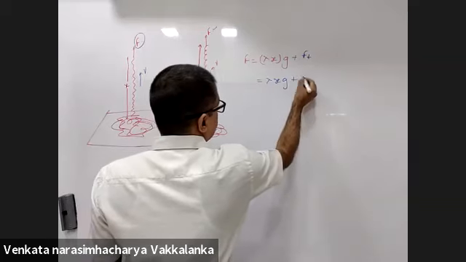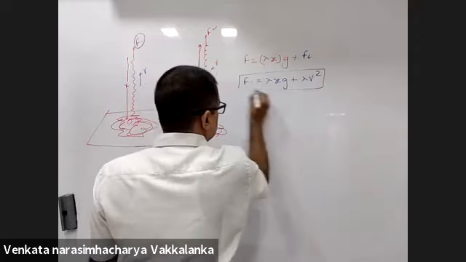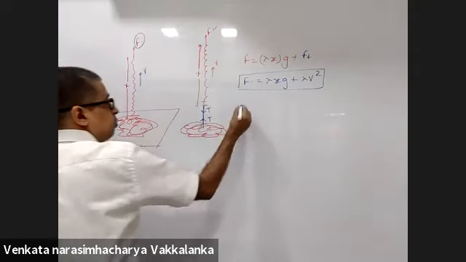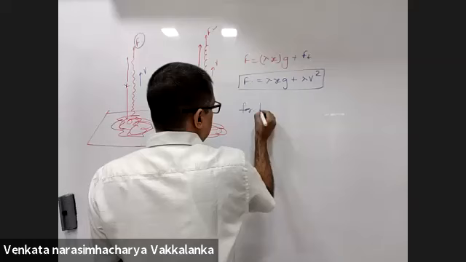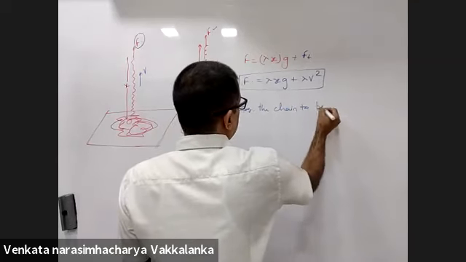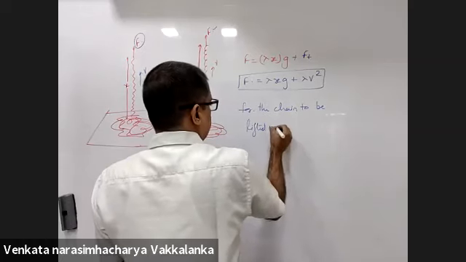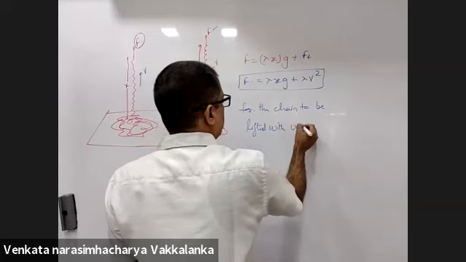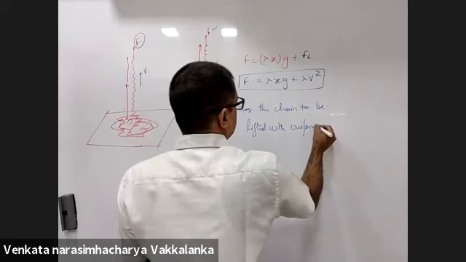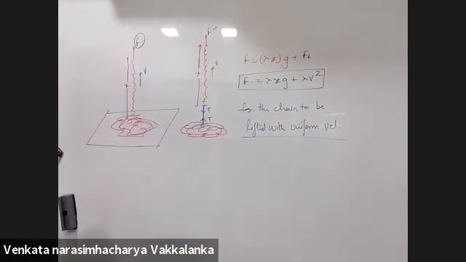Lambda x into g plus lambda v square is the force I should exert for the chain to be lifted with uniform velocity.